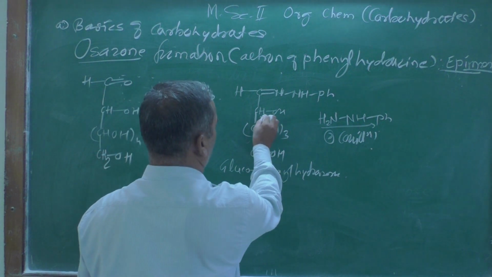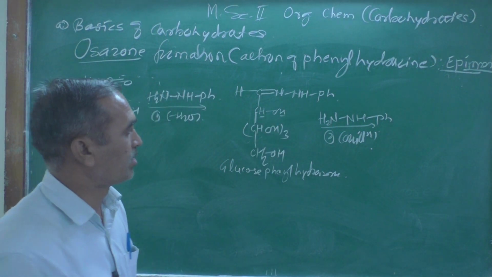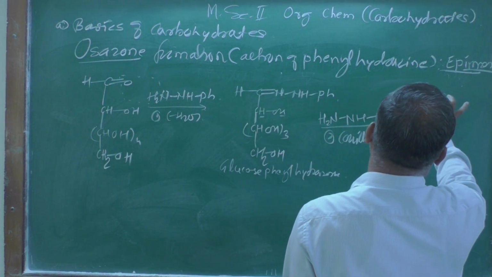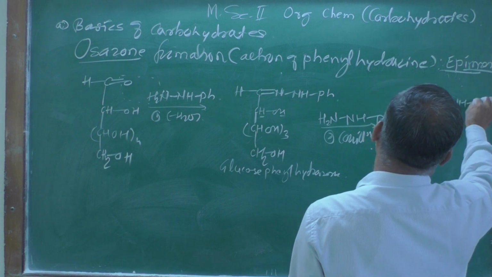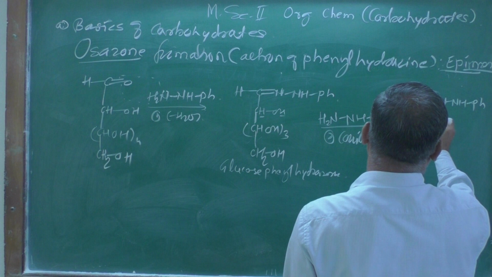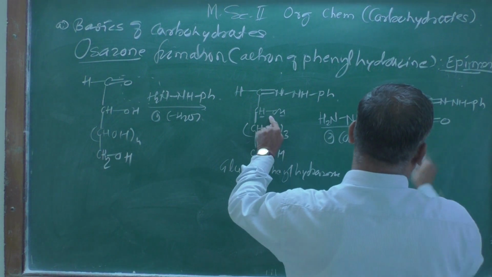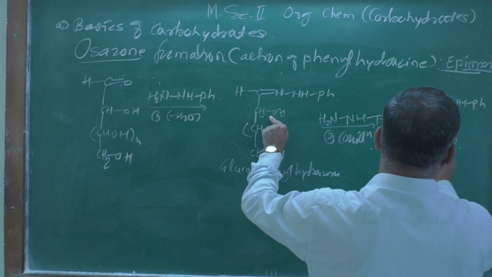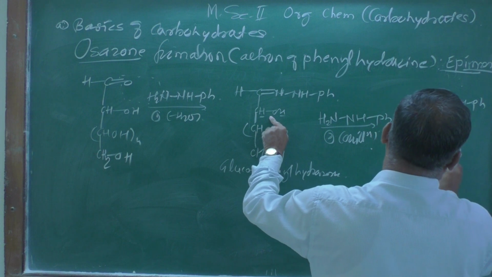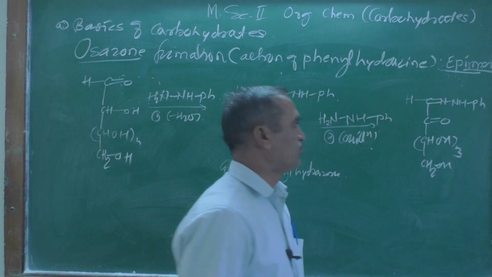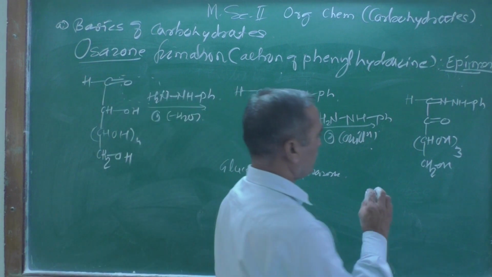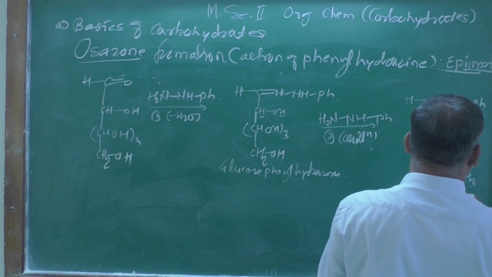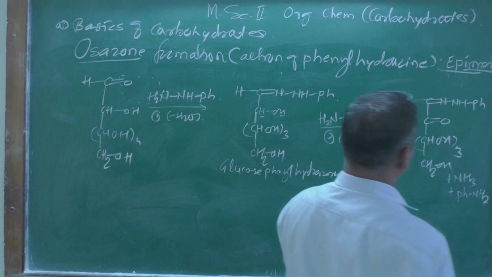One hydrogen atom from here and another hydrogen atom over here are oxidized, and you get HC double bond N, NH, Ph. The secondary alcohol on the second carbon atom gets converted into a carbonyl group, and then CHOH three times and CH2OH. During this, ammonia NH3 as well as aniline is evolved.